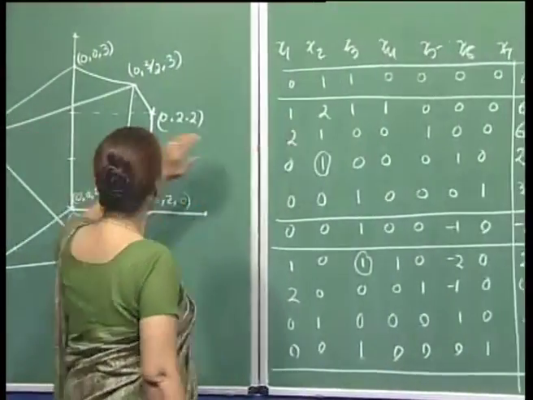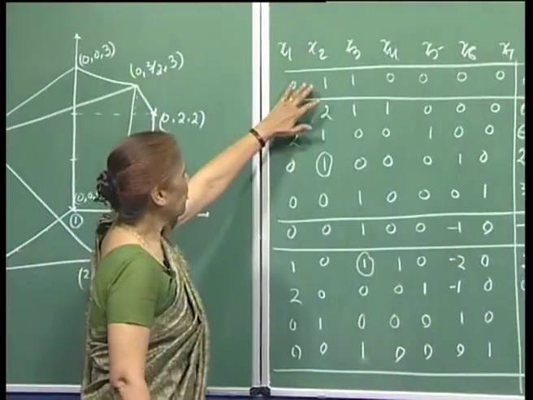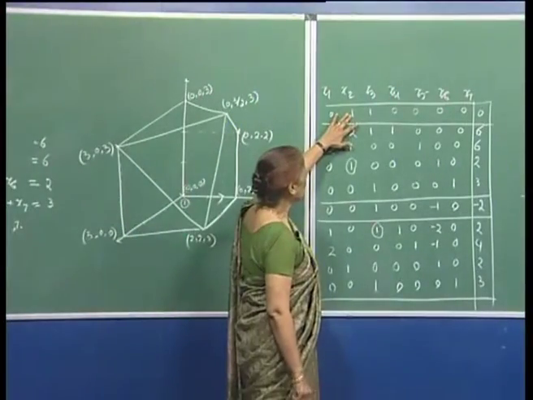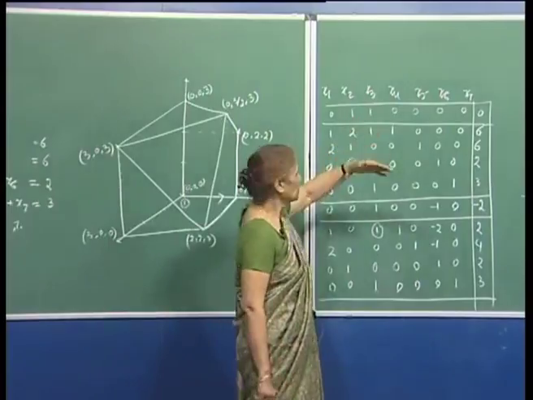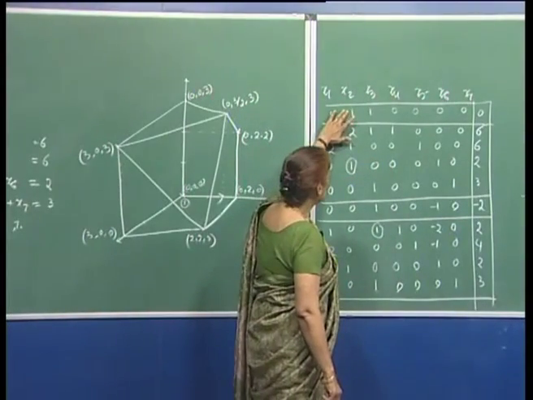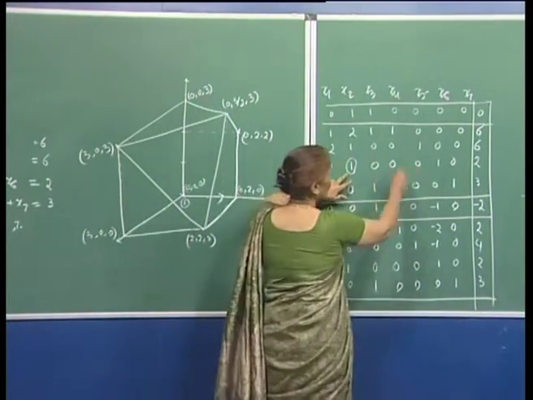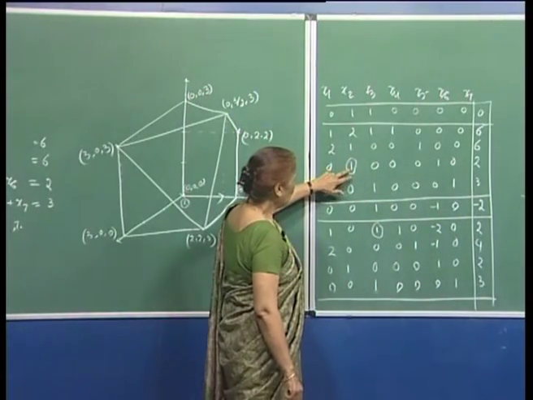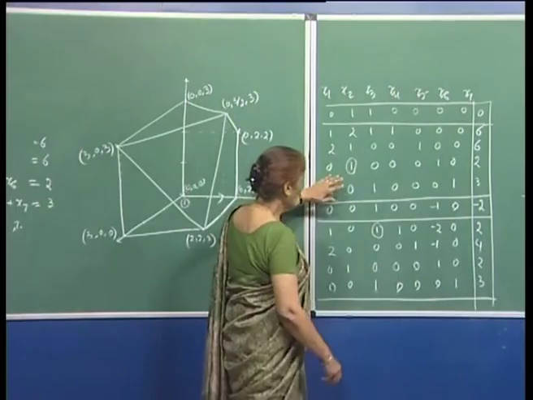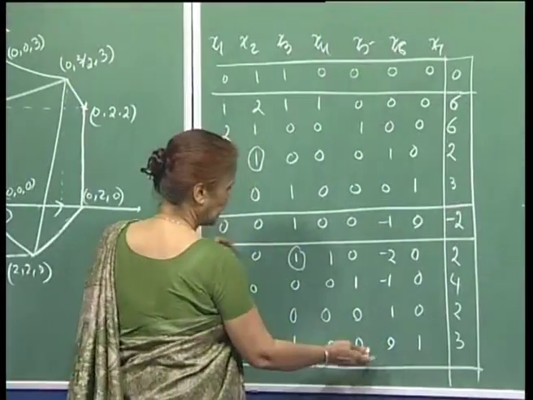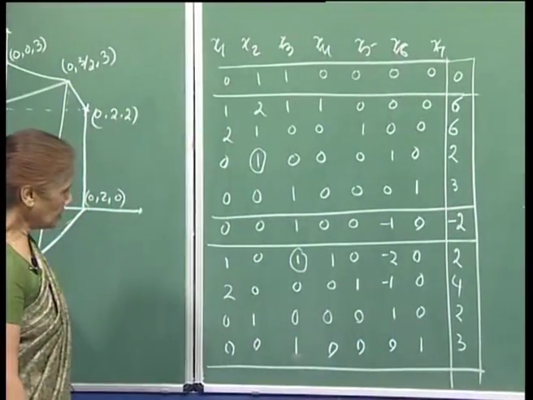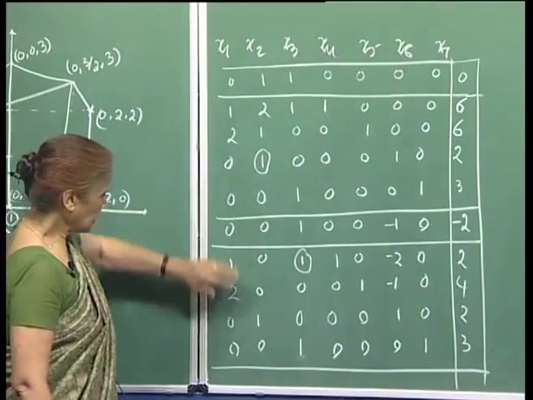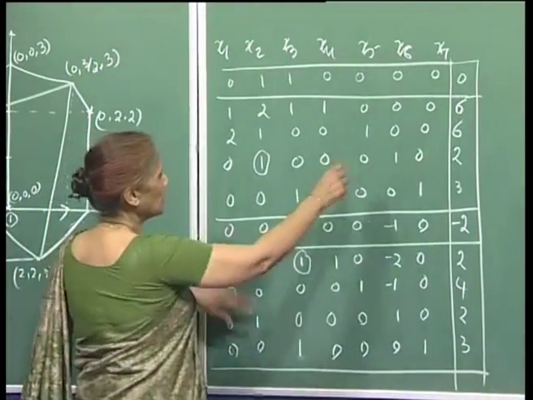Then because it's a maximization problem, I take the first positive Cj minus Zj because that will improve the value of the objective function. So then I go for the pivoting, the ratio is minimum here, right, 2 by 1. So we will pivot on this element, and after the pivoting this is the next tableau. Okay. Now you see that x2 has come into the basis, it replaced x6.